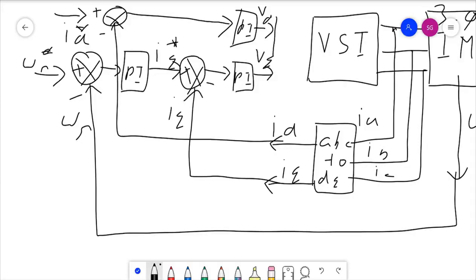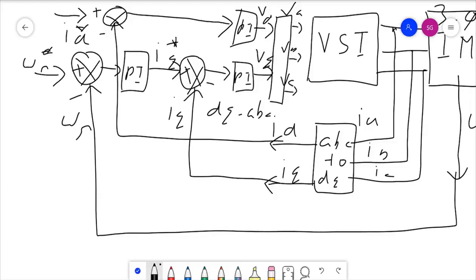And we will again do a transformation. Sorry, a DQ to ABC transformation, because it is the other side. So after the DQ to ABC transformation, we will get our VA, VB, and VC. This will be the reference voltage.